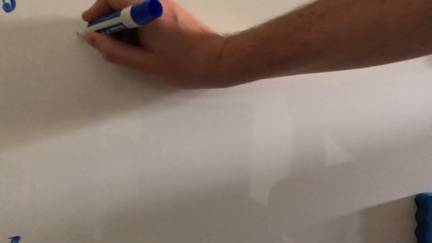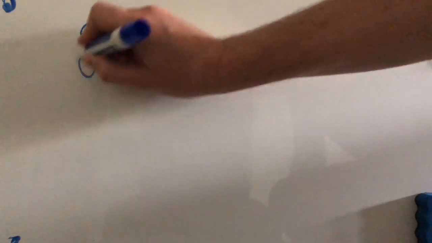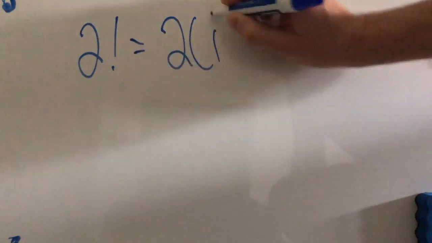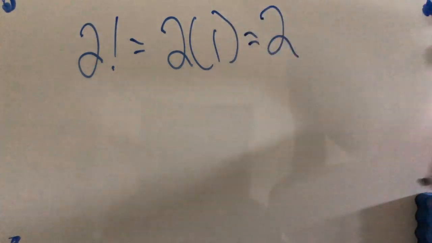Okay, so let's do a little more practice on this. We have a total of 6 practice problems. You can do these on your own, but I'm going to do a couple of them with you. If we look at practice number 1, factorial of 2, that's real easy. It's just 2 times 1 equals 2.